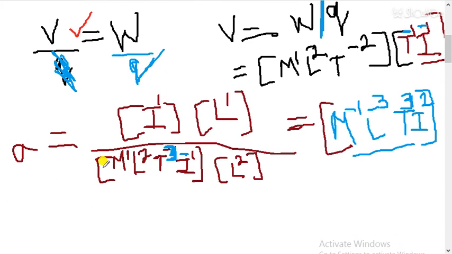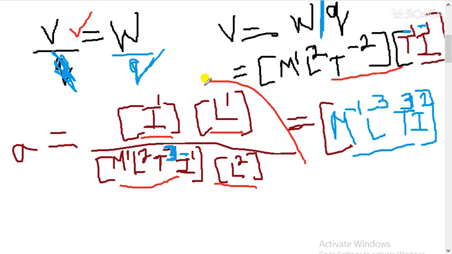After that, when I got the value of V, putting the value of V here, this is the dimension of A, this is the dimension of L, and this is the dimension of I. So after putting all the values I got the answer, that is M^-1 L^-3 T^3 and I^2.